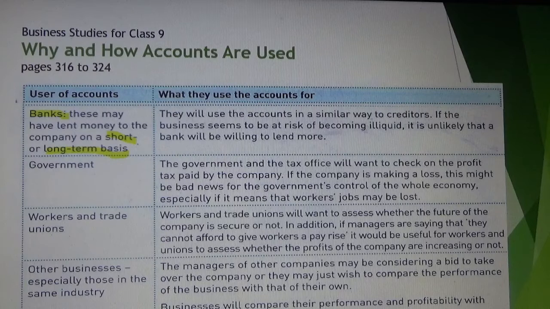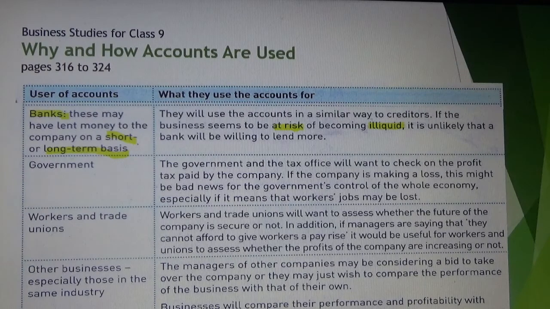They will use the accounts in a similar way to creditors. If the business seems to be at risk of becoming illiquid, okay, cash is not flowing, it is unlikely that a bank will be willing to lend more. There will be a limitation already.